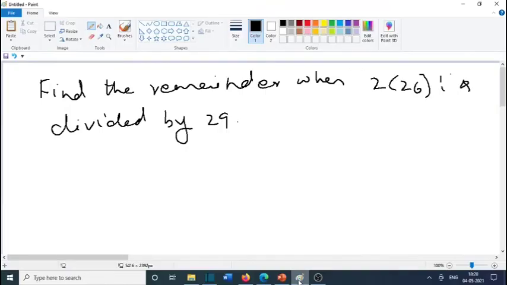Next problem is find the remainder when 2 into 26 factorial is divided by 29. Now we have 29 is a prime number.